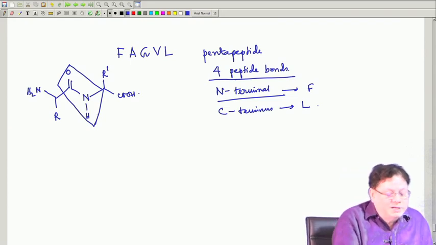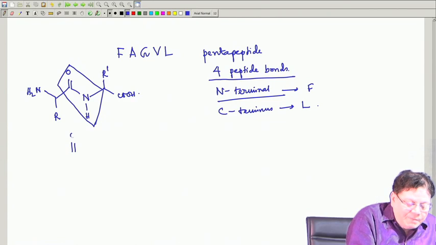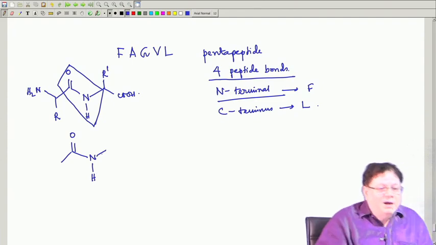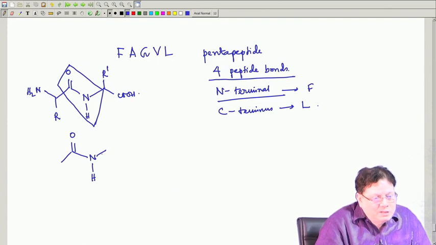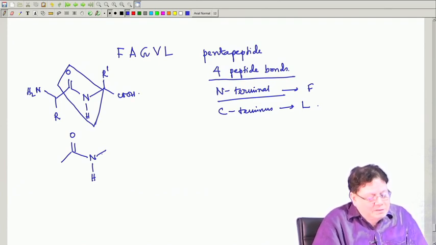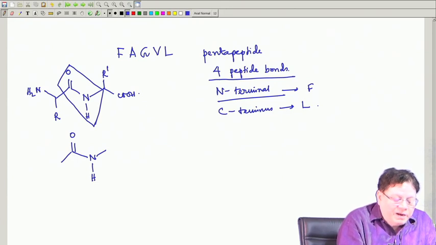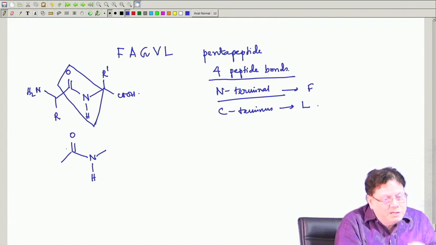Now, you have always noticed that we write the peptide bond in such a way that the carbonyl is anti to the hydrogen attached to the nitrogen. The question is, why is that? And number 2, if I write in this fashion, I could see a single bond between the nitrogen and the carbonyl carbon.